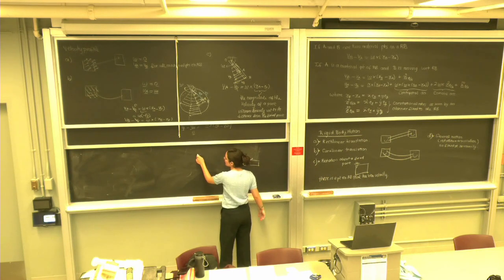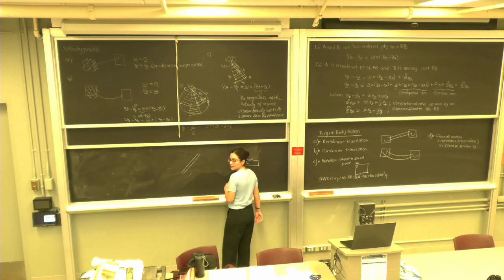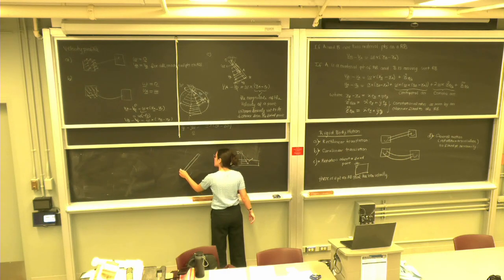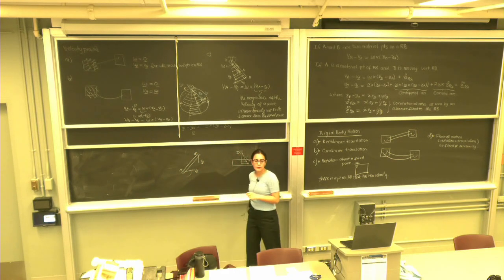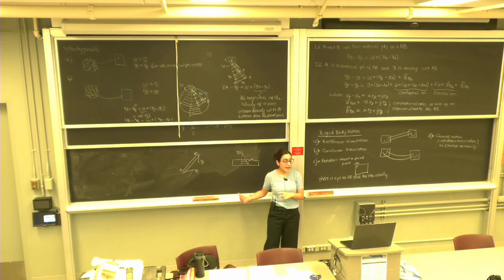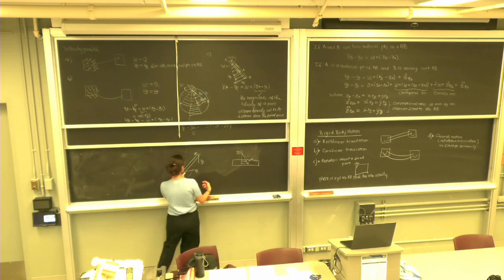Let me give you an example. If I have a rod like this, and I have two points, A and B, with velocities VA, could VB be like that? Is that physically possible? No, why not? Because it would mean the rod is compressing: this point is going in and this point is going out.